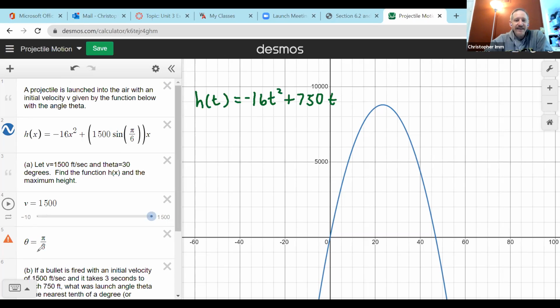So I want to find the maximum height. Now in calculus, you'll look at finding the maximum and minimum of functions using the derivative, but there are some that you might know the maximum of, and a parabola is one of them. Do you remember how to find the maximum of a parabola? Where is it found? What is that point called?